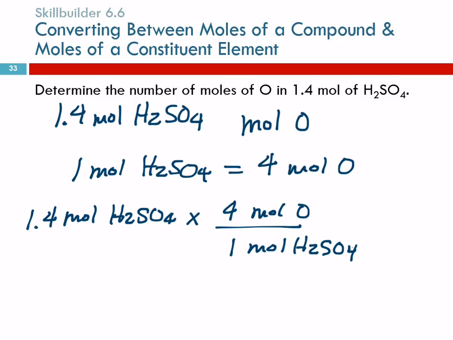I should get out my calculator. 1.4 times 4 is 5.6. It's one of those calculations that if you thought about it for a minute, you might be able to do it in your head, but you might get it wrong, so it's not a good idea. 5.6 moles of oxygen. Any questions?